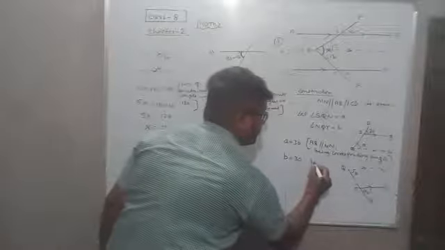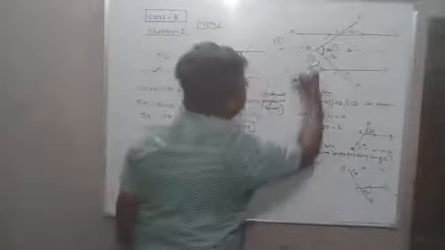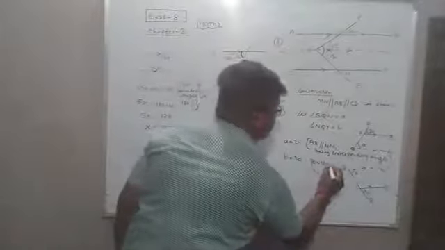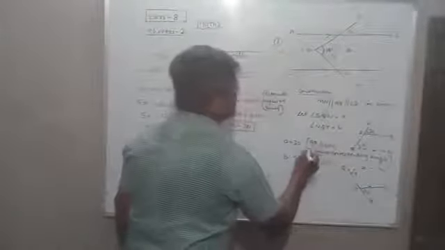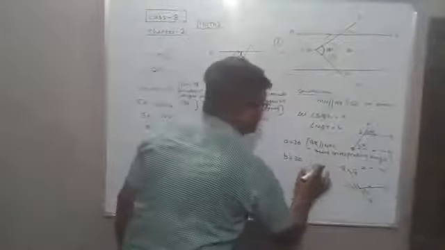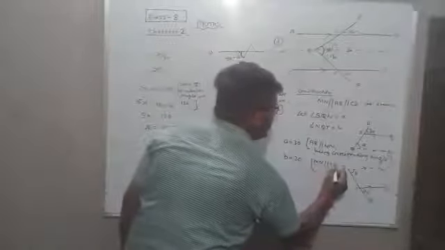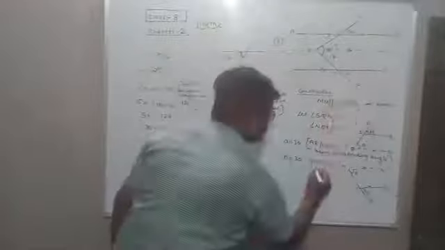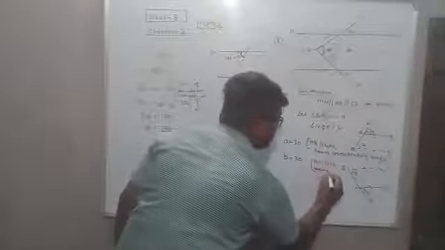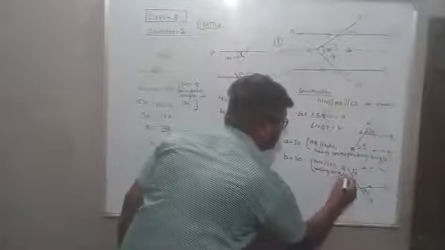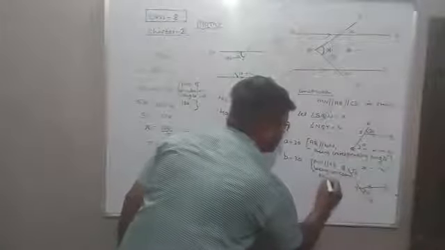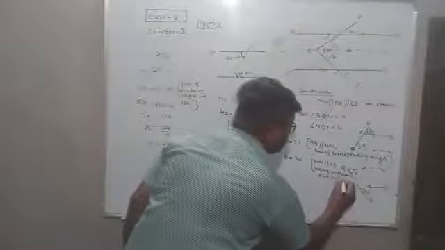Okay, so while writing the reason, MN is parallel to TD, or you can simply write here MN is parallel to CD, and these two angles are corresponding angles.